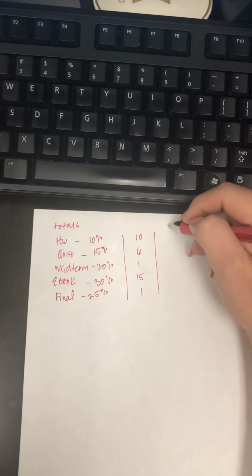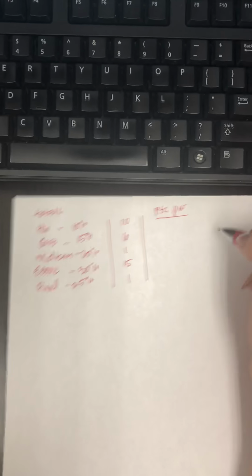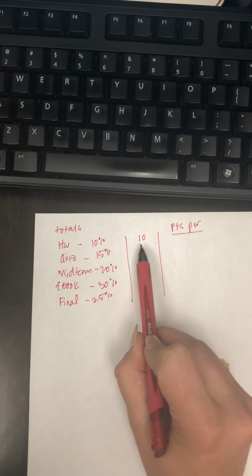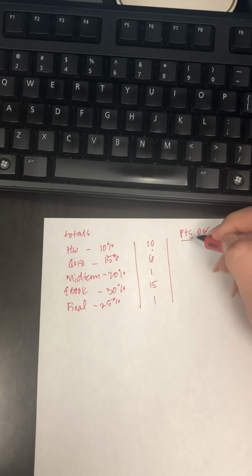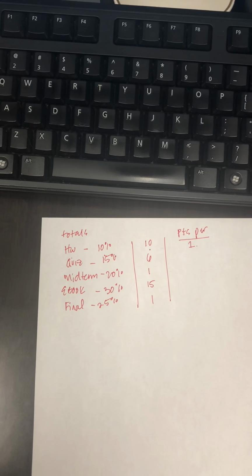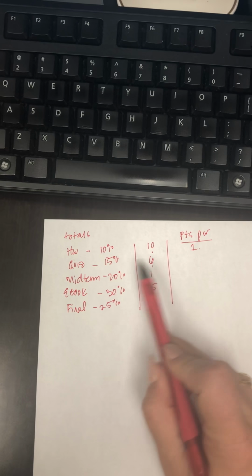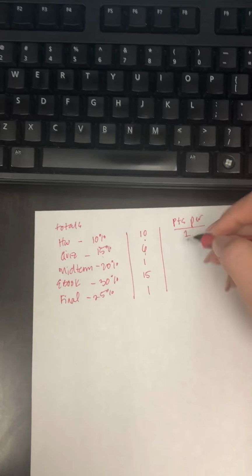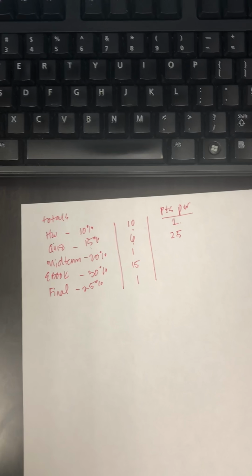So if I'm going points per submission, it looks like if I've got 10 homework assignments and it's 10%, they should be 1 point or 1% total per homework submission. You've got 6 quizzes at 15%, so that means they're going to be 2.5 points apiece, or 2.5% each.